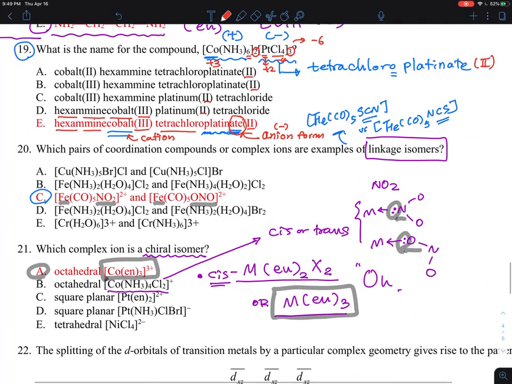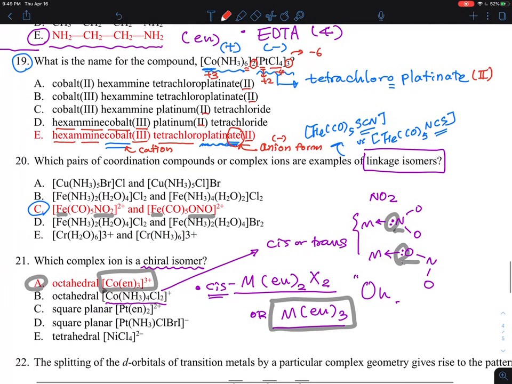Number 20 is a question about the linkage isomer. This is the one that I mentioned to you just before in the crash course part B. When you have a linkage isomer, it means you have a ligand where 2 different atoms can form the docking with a central metal, right?